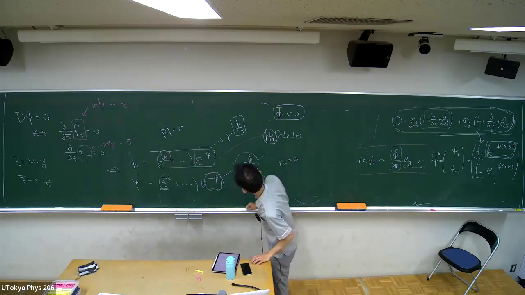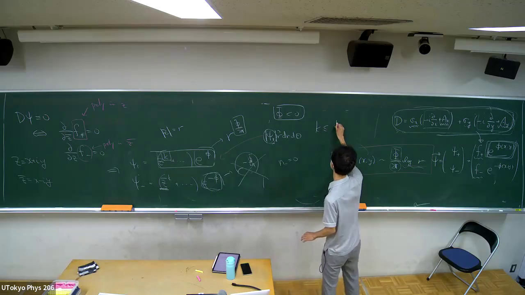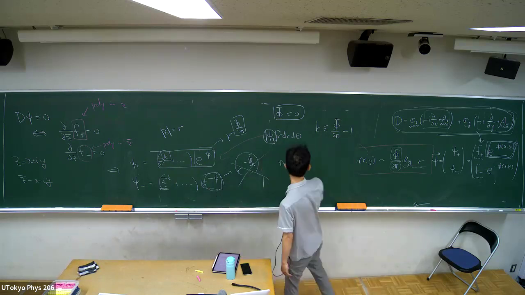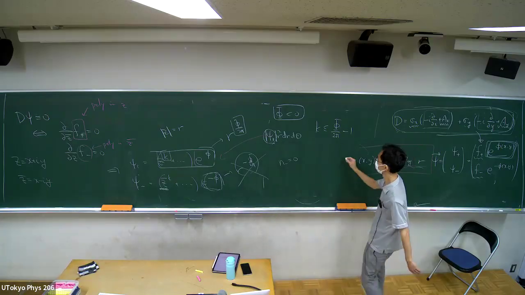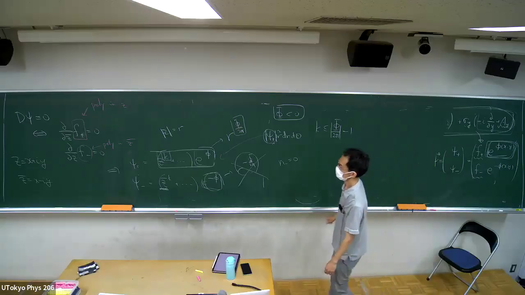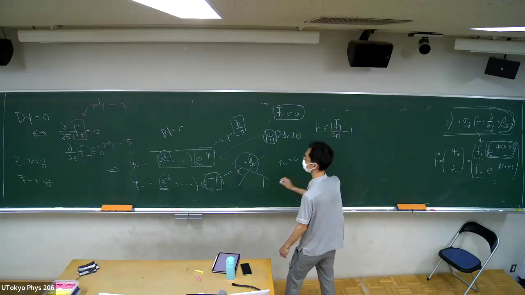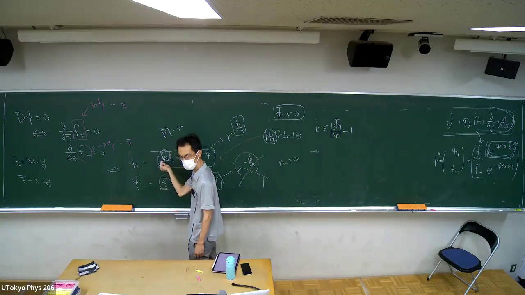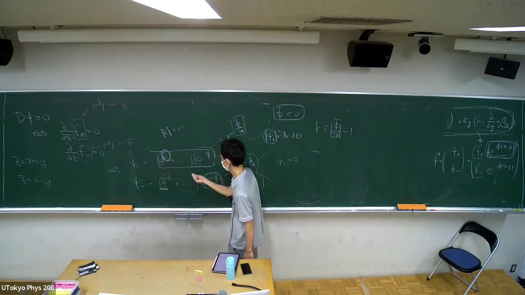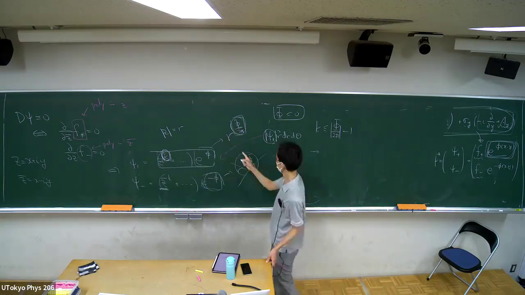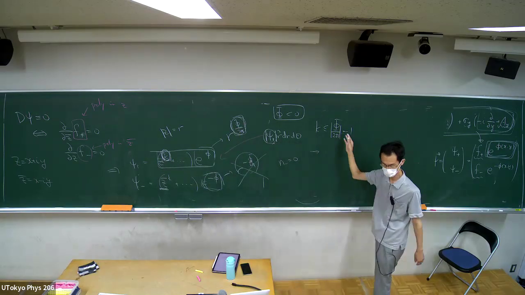So what you find is that k has to be smaller than phi over 2 pi minus 1, if I'm not mistaken. Maybe it's minus 1/2. I'm not very sure. So in any case, we found that the top power of this polynomial you can introduce is bounded by the absolute value of this, up to plus minus 1/2 or something.